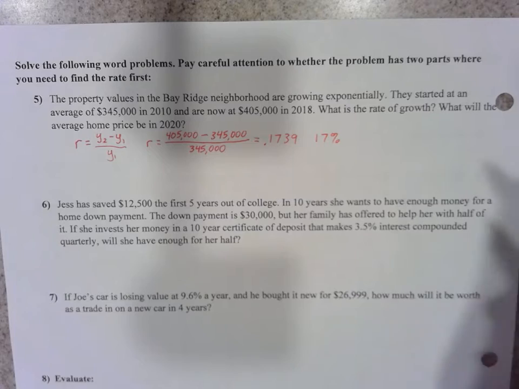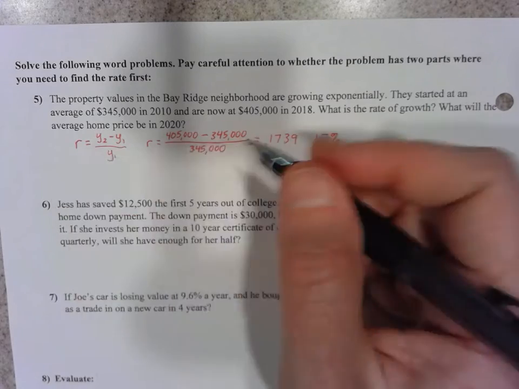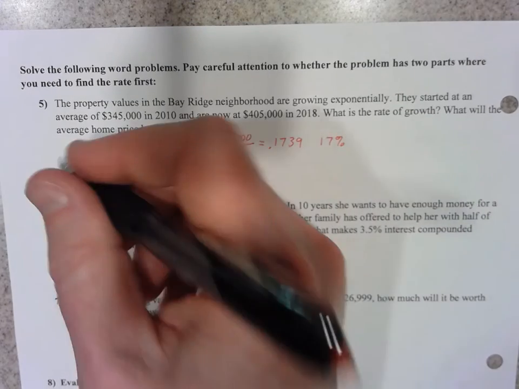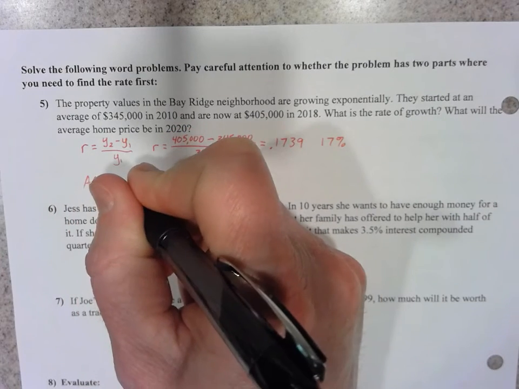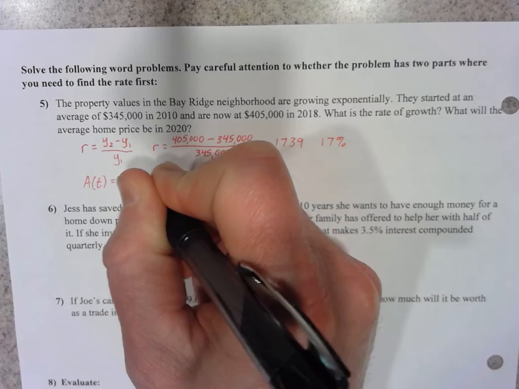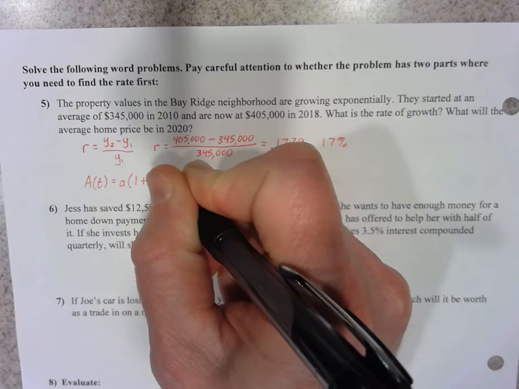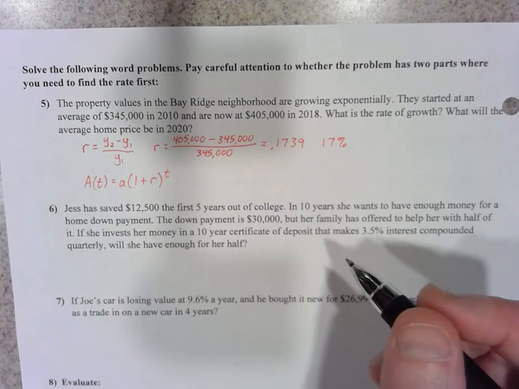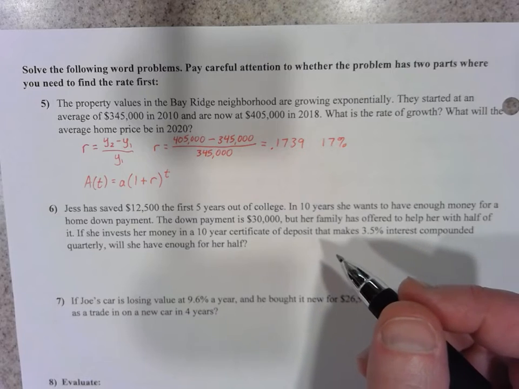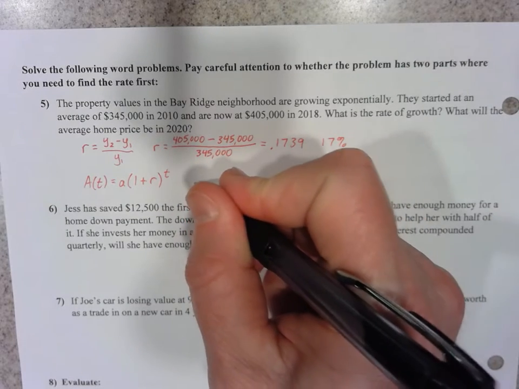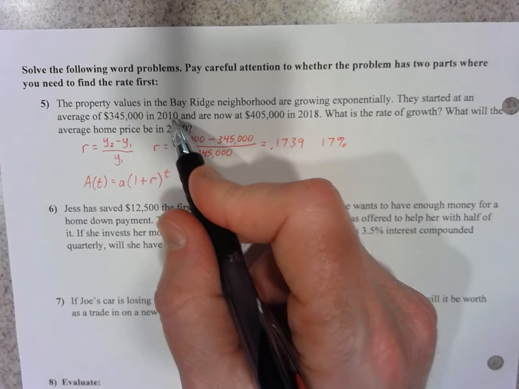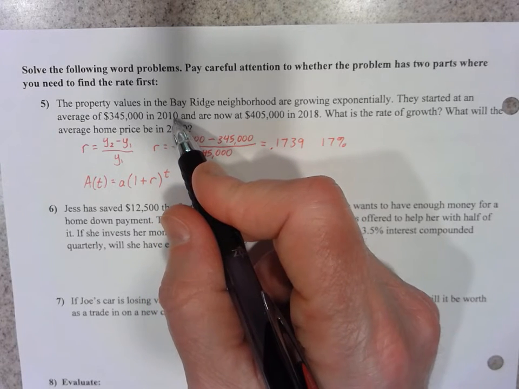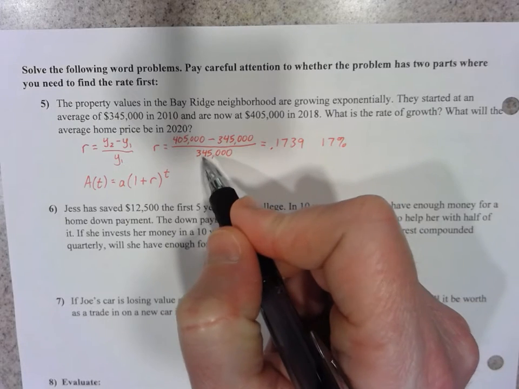So this is where we use the equation A of t equals the starting amount times 1 plus the rate of growth to the t power, number of years power. So if we want to find in 2020, that is 10 years after 2010. So our starting price was 345,000.